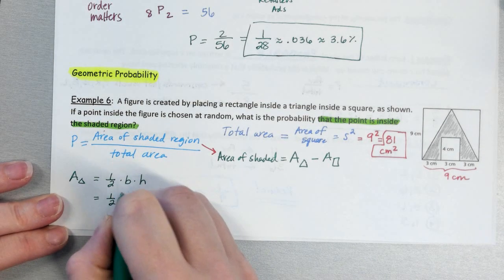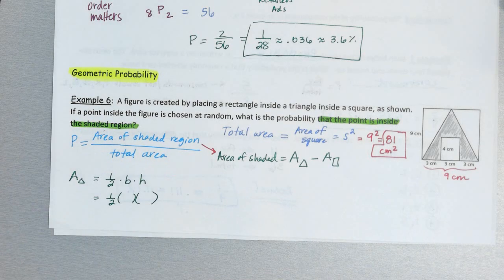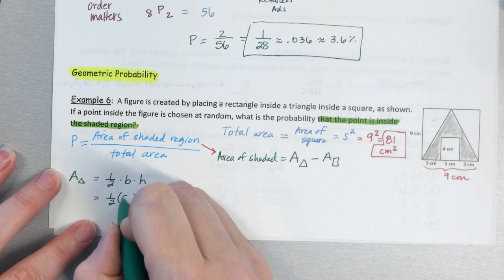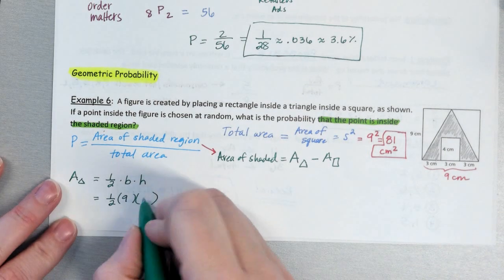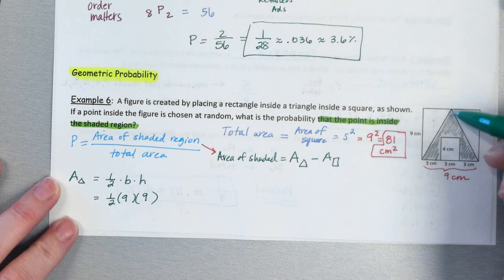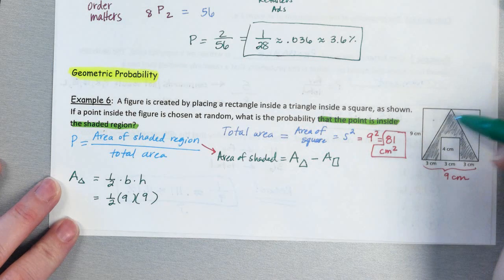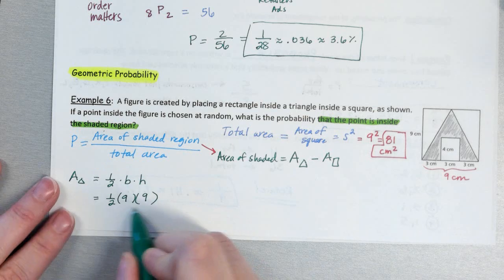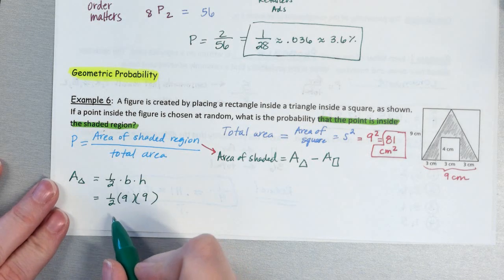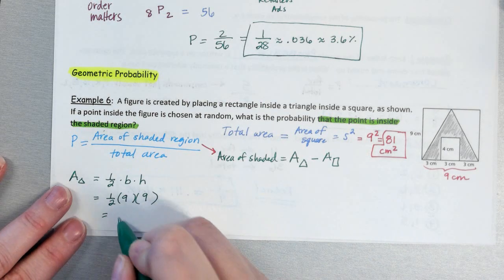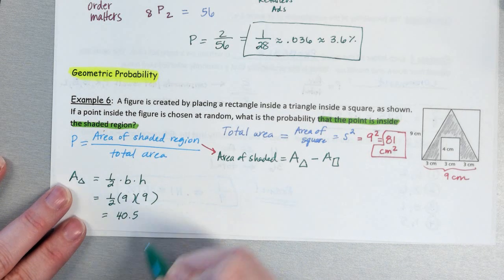So 1/2, and then what is the base and the height? Base 9. What's the height? 9, because top to bottom it'd be 9. So this is 81 cut in half. It is a nice decimal, so we're just going to leave it as 40.5.